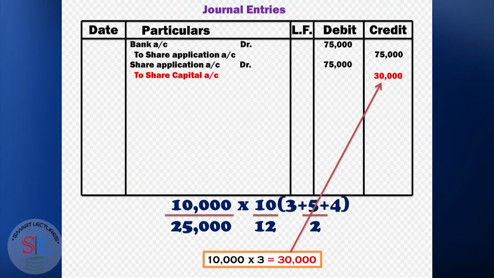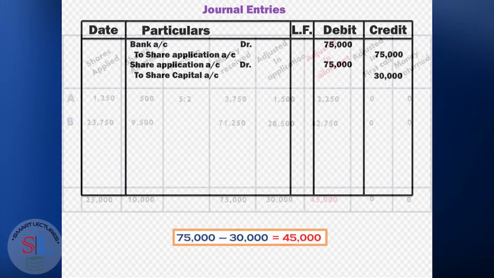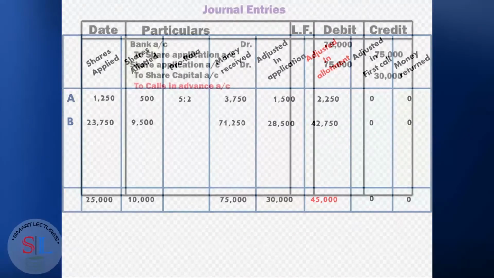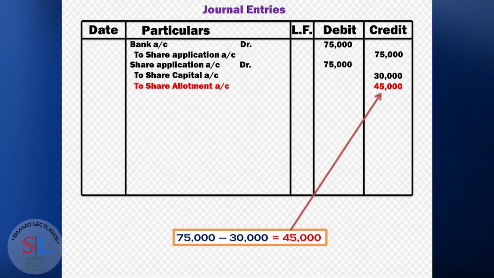Then the excess of 45,000 was taken to the allotment as an advance money. So we could write down calls in advance, but here I am going to write down share allotment 45,000. I am not using the account calls in advance for the convenience of my explanation. Otherwise both options are okay.